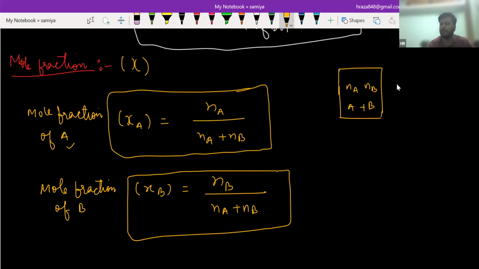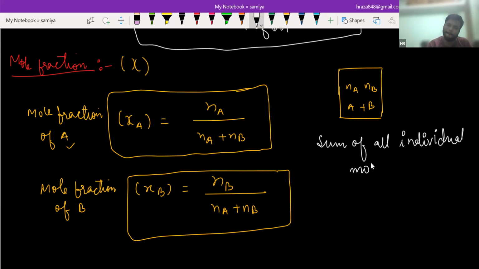Now always remember that the sum of all individual mole fractions is 1, or you can call it unity. So the important thing is that when you add all the mole fractions, here only 2 components are present.